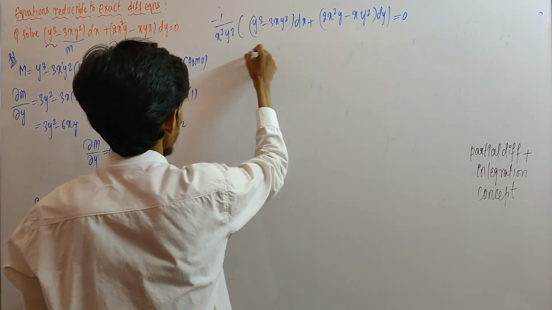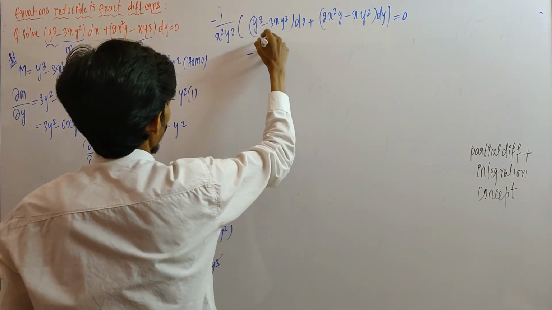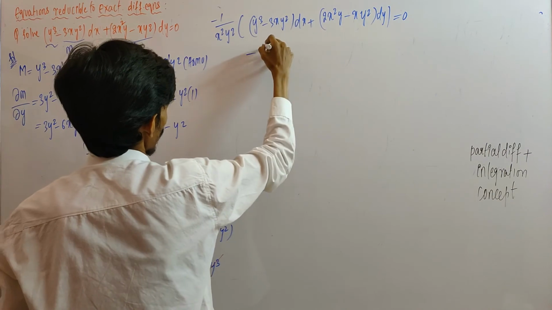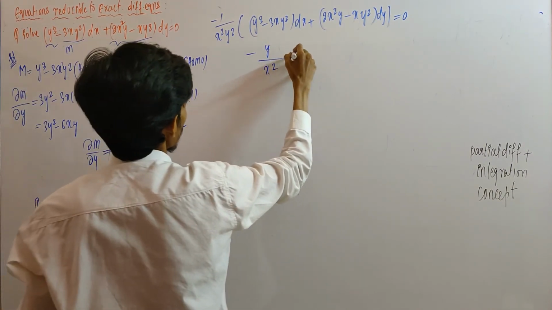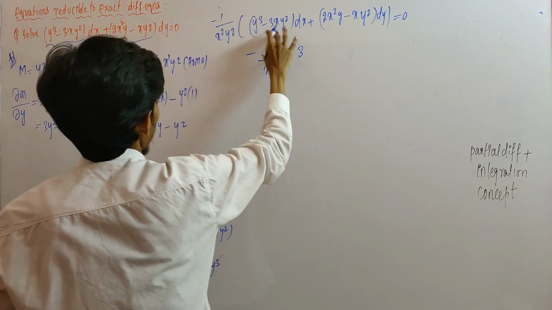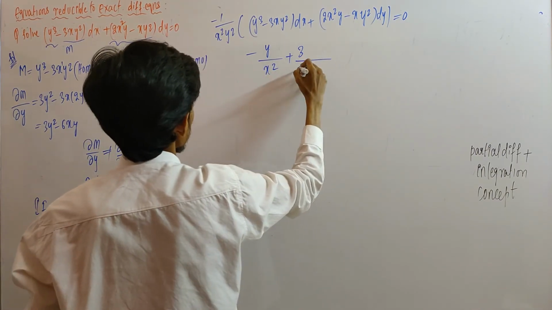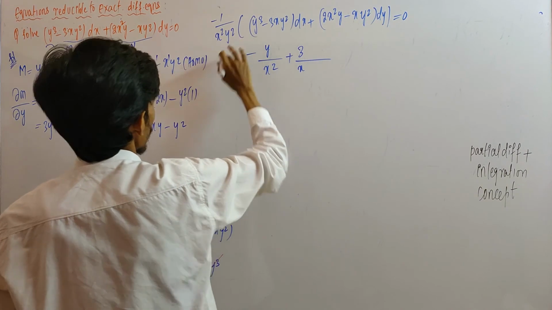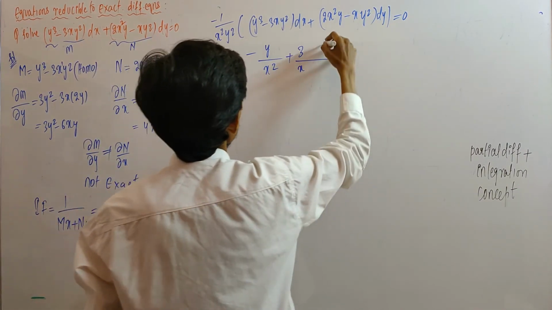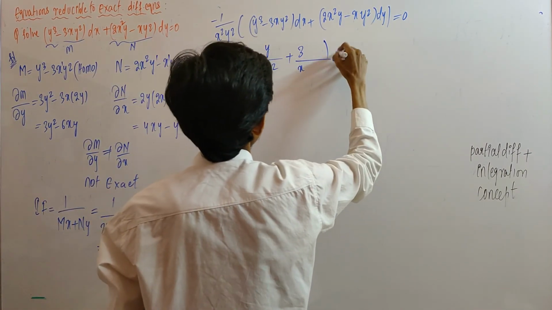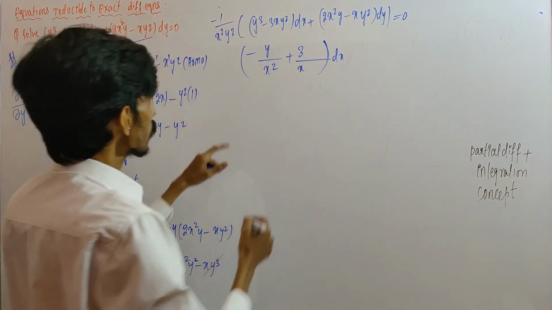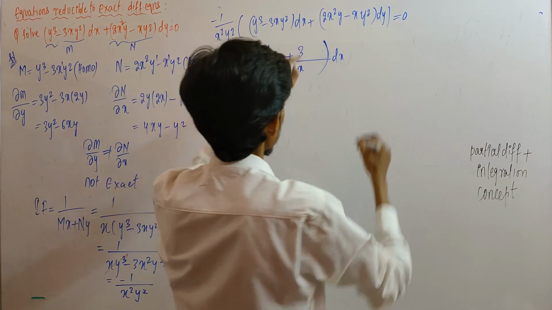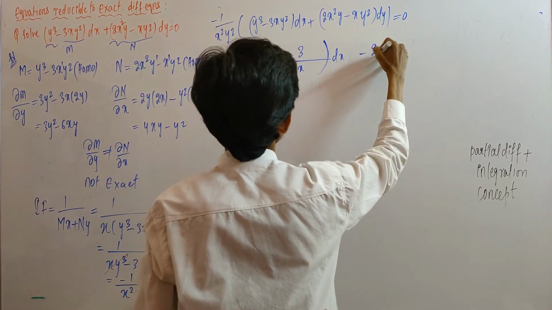Now here I have minus y cube by y square, value is y by x square. Minus minus will become plus 3 x by x square, value is 1 by x. Y square by y square, value is 1. dx.